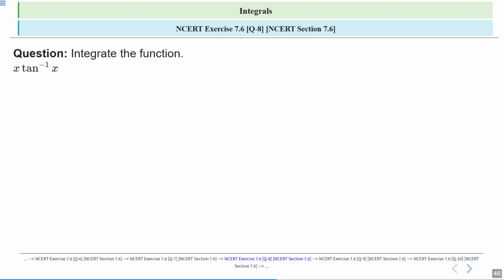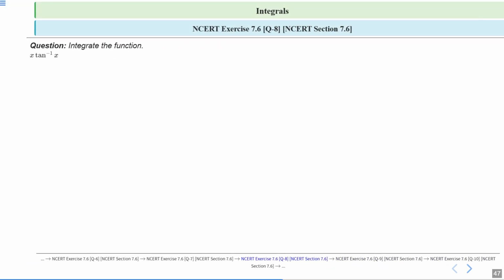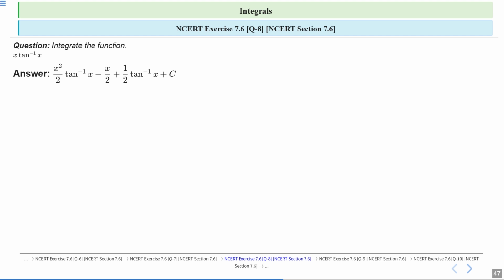So in a similar way, we know which function we have to take as u and which function we should take as dv. So try.